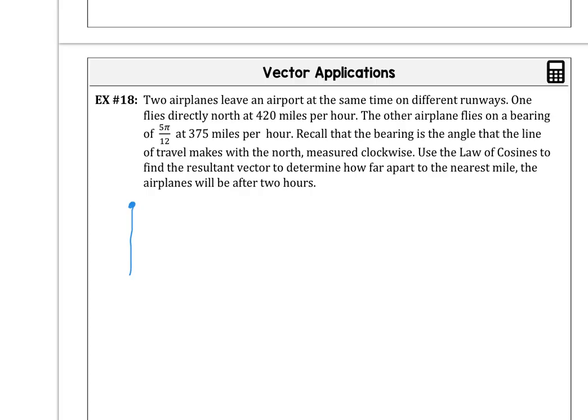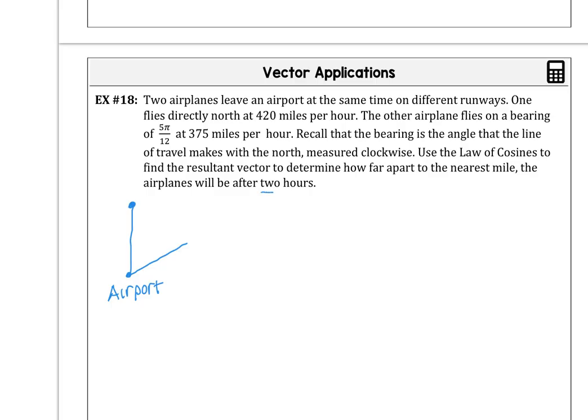The other airplane flies on a bearing of 5 pi over 12 at 375 miles an hour. So if this is the airport here, recall that the bearing is the angle that the line of travel makes with the north, measured clockwise. So we're going to use the law of cosines.